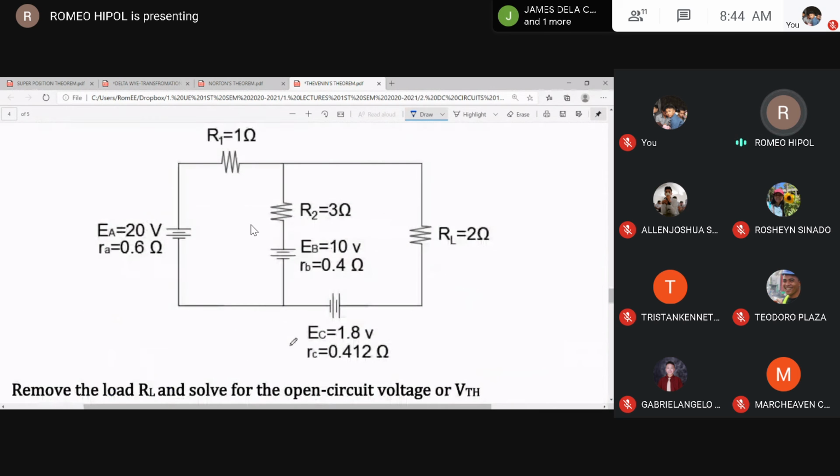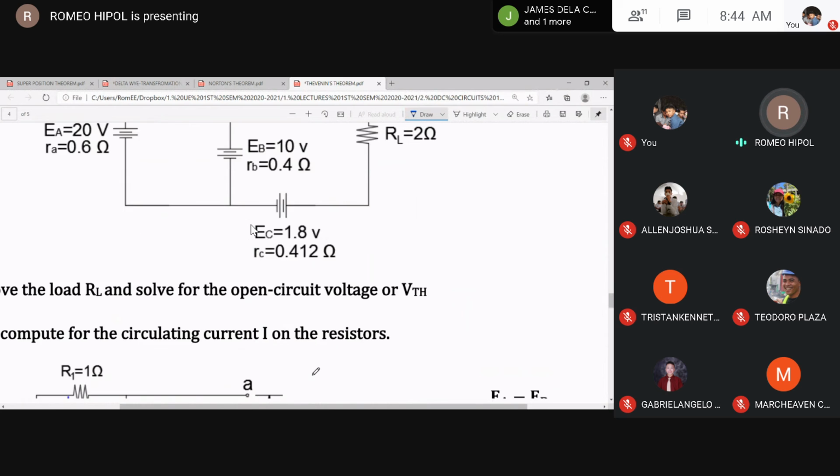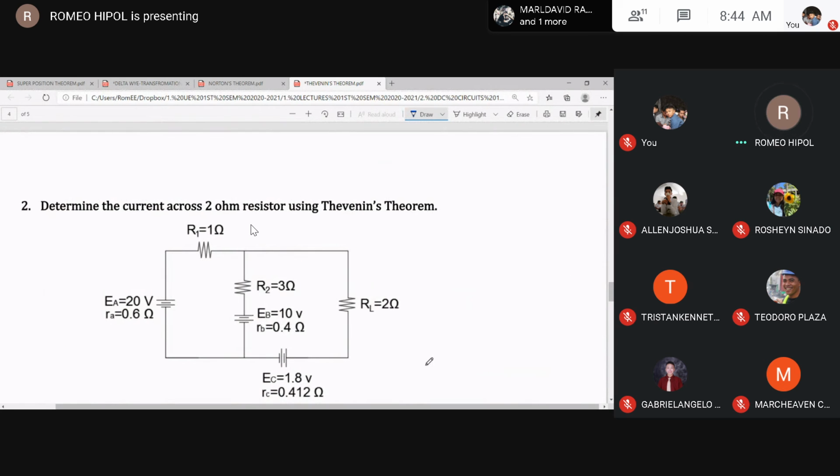Siguro, redraw ko na lang muna rito, kasi may solution na yun. Minsan, medyo nagkakalito. Okay. So, ina-isolate natin.